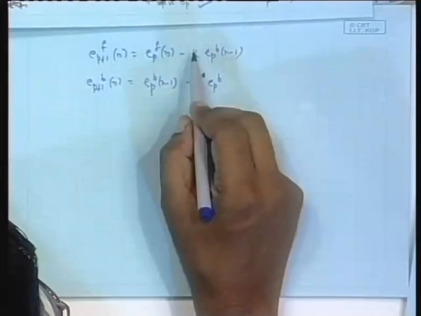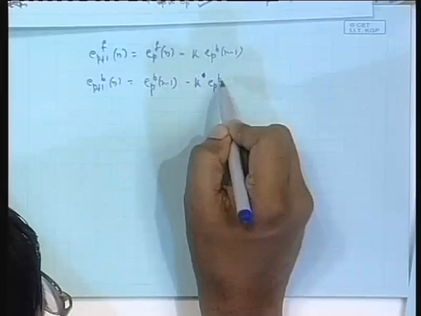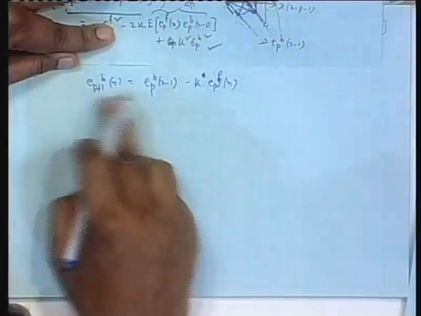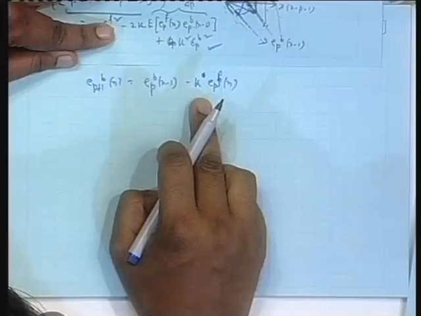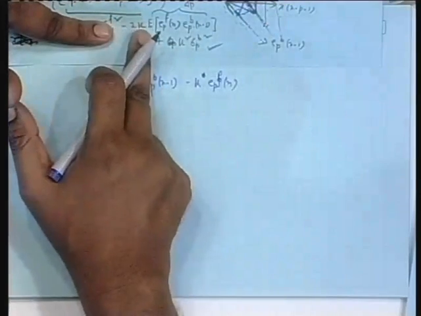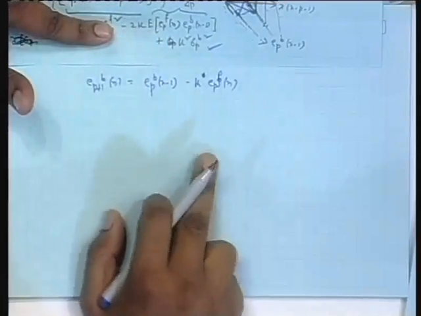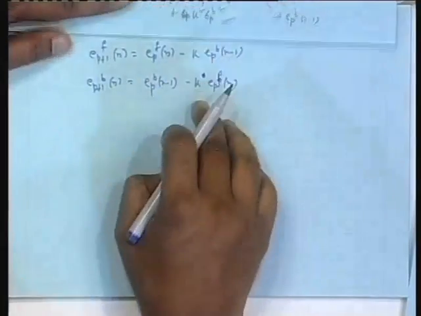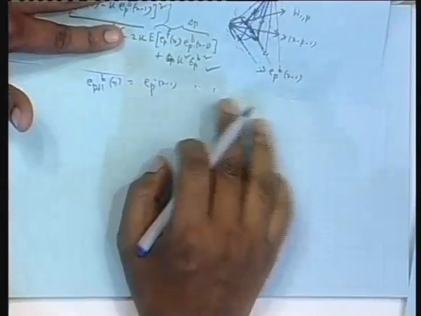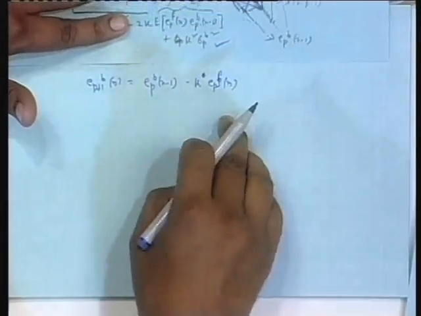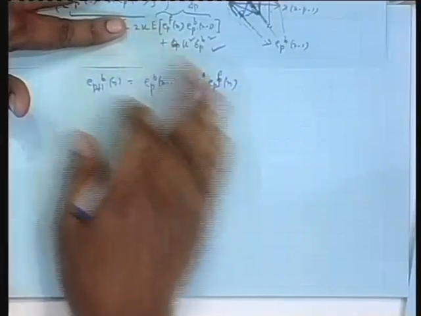Even though I use the same notation, EPFN, if I take the norm square of that, it will be a quadratic function of k by the same geometric understanding and algebraic expression, and you can go for steepest descent here and finally LMS in the same manner. The problem was that after convergence, this will be replaced by k n, and this also by k n or k prime n if you want to use defined notation.